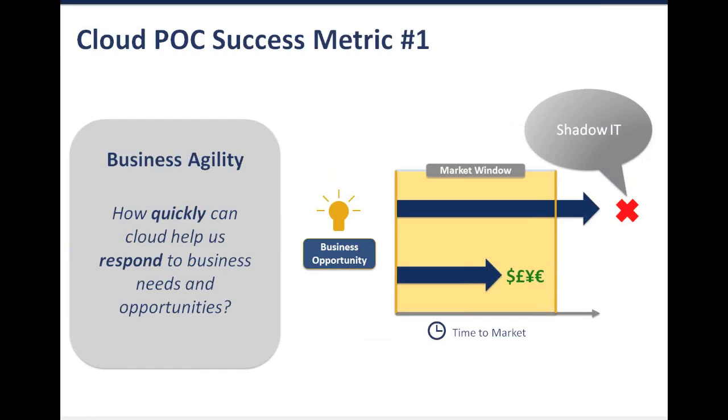So in our businesses all the time we have business units that see a new product they could offer or a new service or a new way to interact with our customers or a new way to interact with our partners or maybe a new way to manage internal processes. And those demands often entail putting in place software and systems to help support those new ideas and those new opportunities. And as we know, it takes time to put in place those new systems and those new pieces of software.